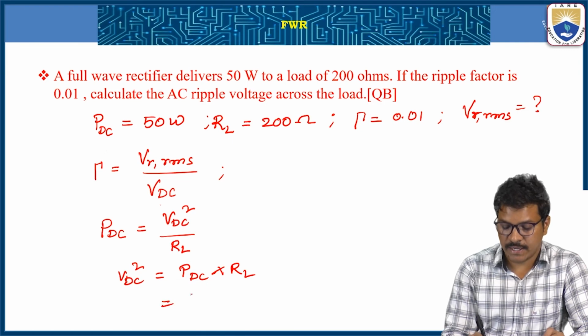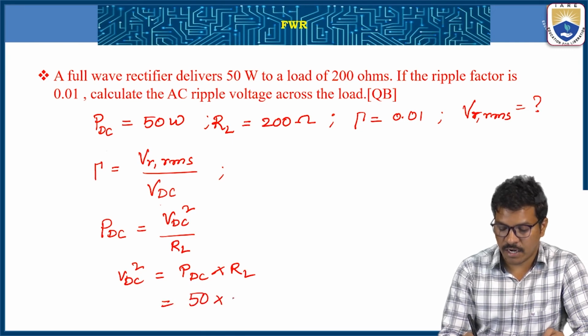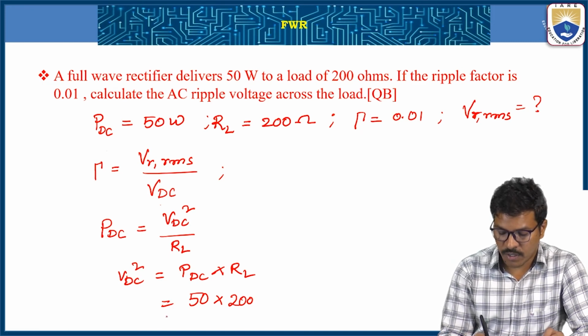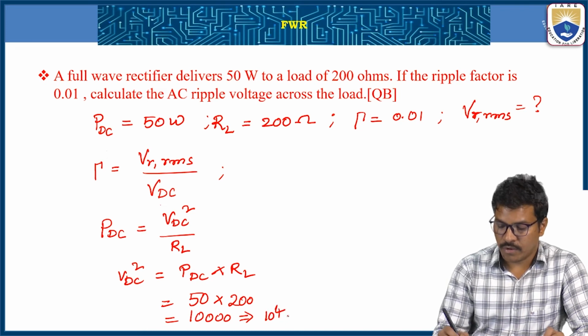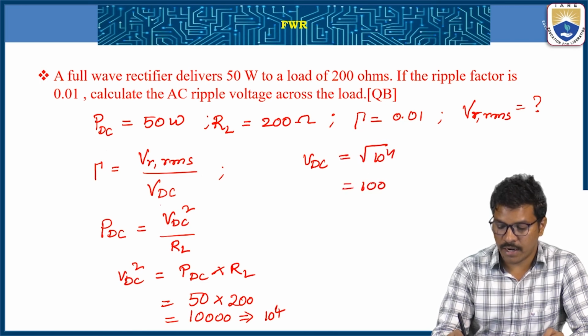PDC is 50 watts and RL is 200 ohms, which gives 10,000, which is 10 to the power of 4. So VDC squared is 10,000, and VDC is the square root of 10 to the power of 4, which is 100. DC voltage is equal to 100.